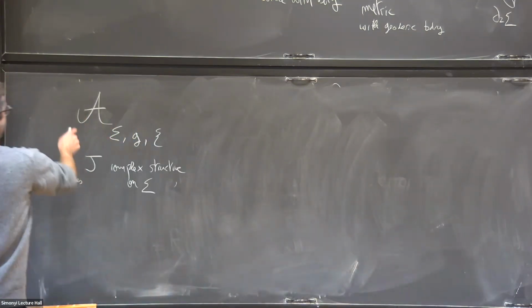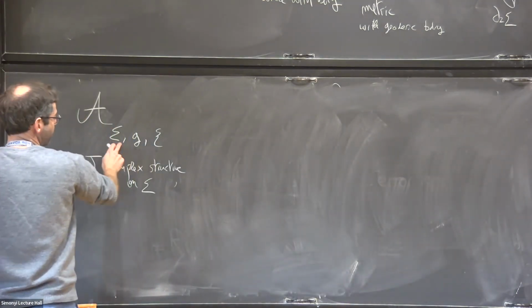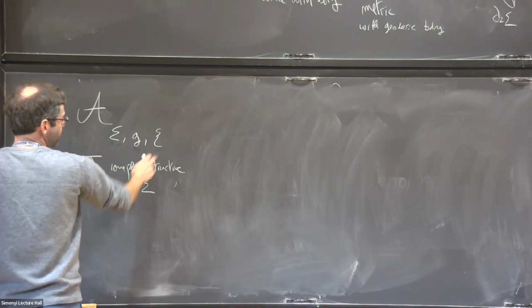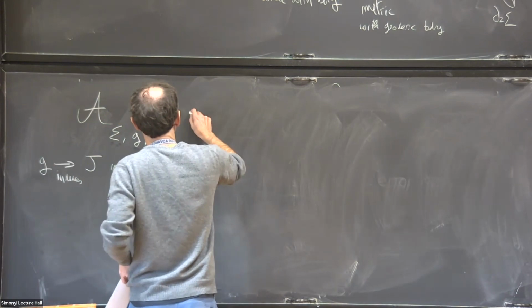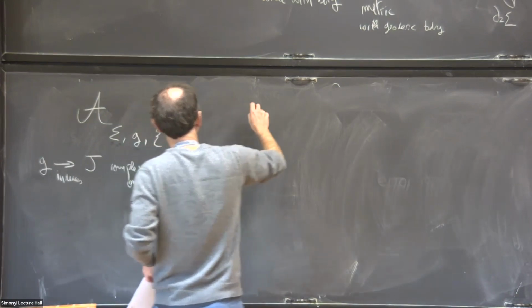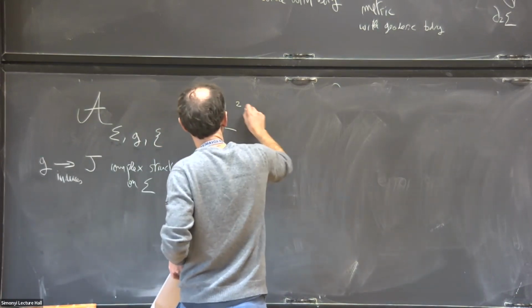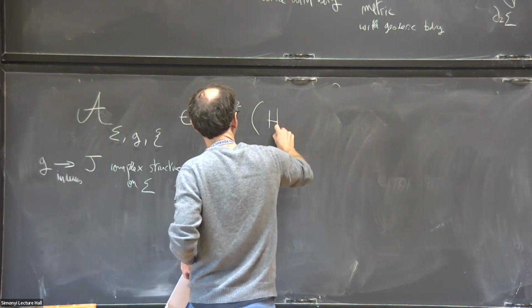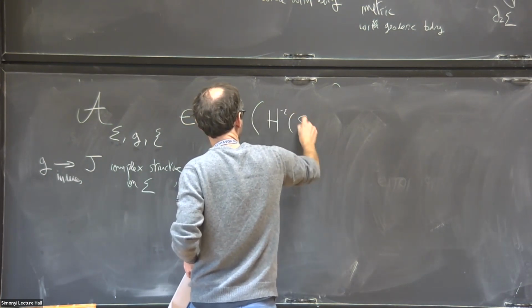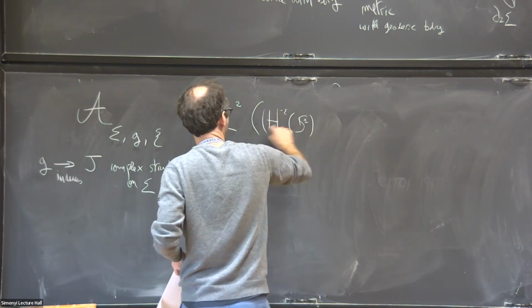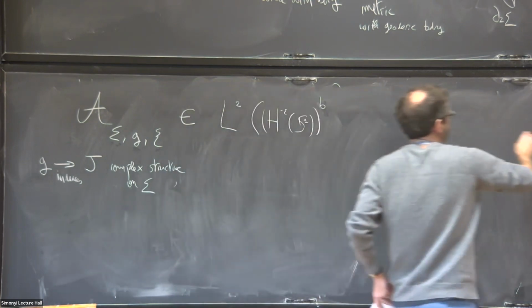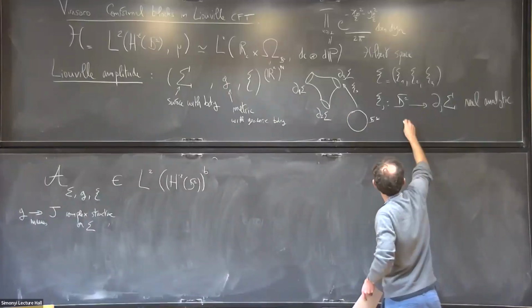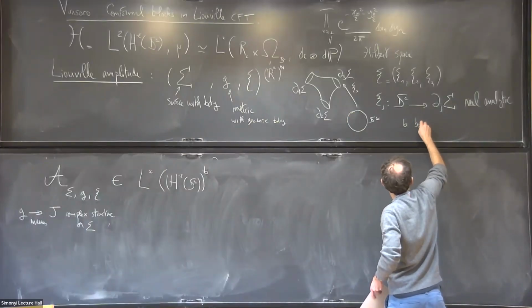So the Liouville amplitude A associated to this Riemannian surface with parameterized boundary is going to be an element in L2 of H minus epsilon of S1 to the power B in general. If you have B boundary components, here it's 3, but I could take even more boundary components.